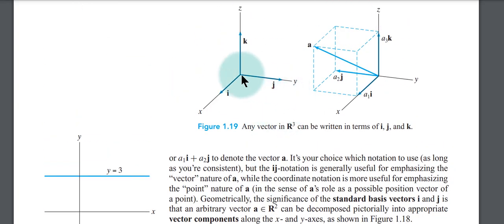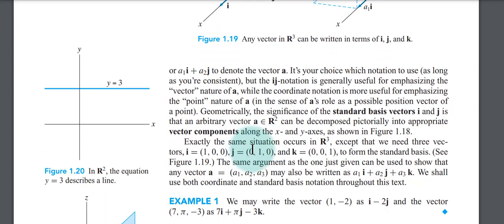And j is 1 unit in the y direction, but none in the x direction, so it's 0, 1, 0. And k is 0, 0, 1. So if we're talking about i, j, and k, we would write them like this. So again, if we have an A in 3 dimensions, we can write A as A1i plus A2j plus A3k.